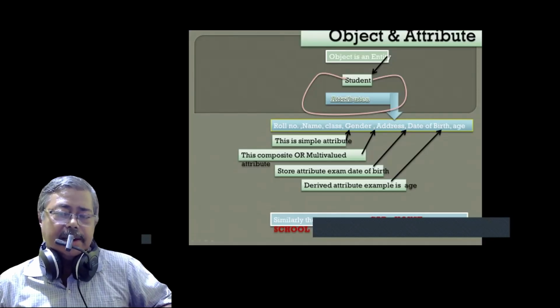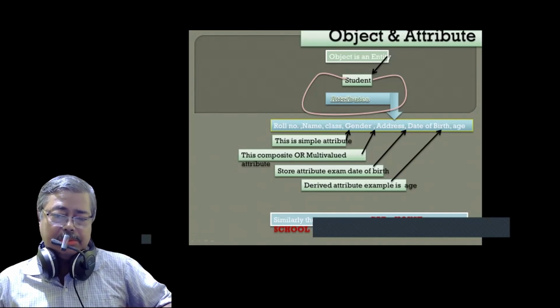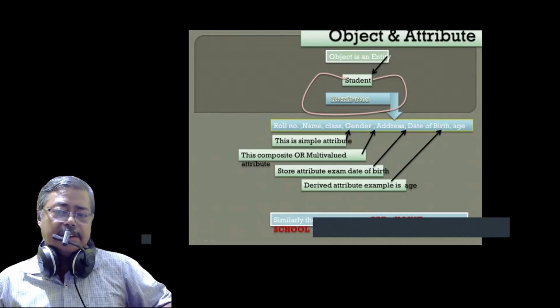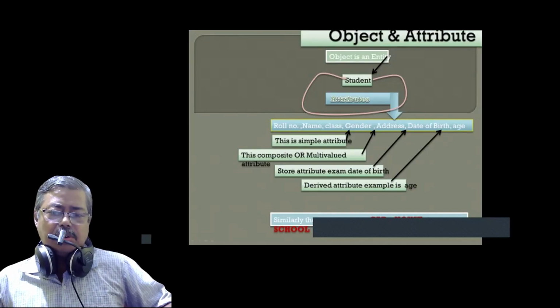Student is an object here, and attributes are roll number, name, class, gender, address, date of birth, age, etc. Attributes also have some definitions. Gender is a simple attribute, and address is a composite, multi-valued attribute. We know already why it is multi-valued, because address is storing so many items, that is at the rate, semicolon, slash, colon, etc. Date of birth is a stored attribute.